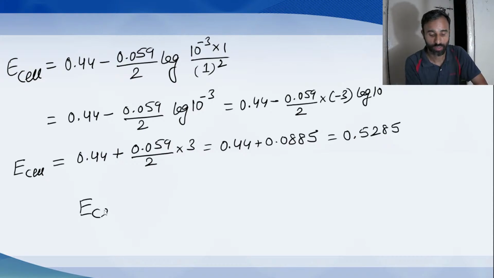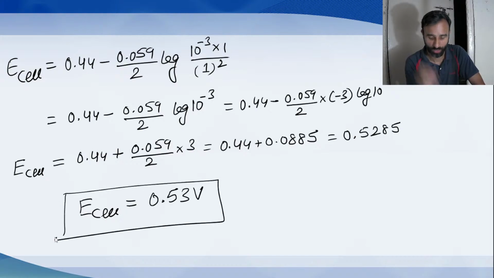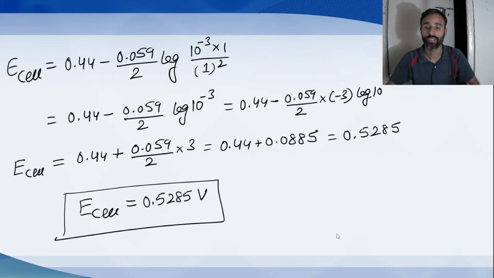So E cell is almost 0.53 volt, or you can write the complete fraction, 0.5285 volt. That's it. Yes, beta.